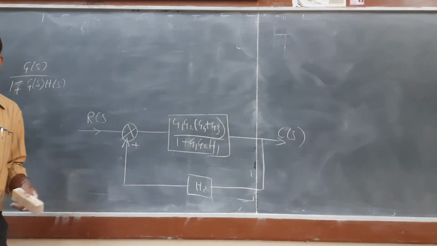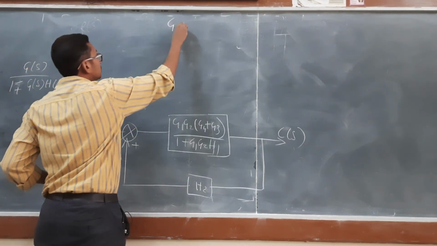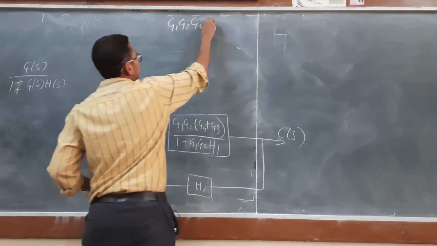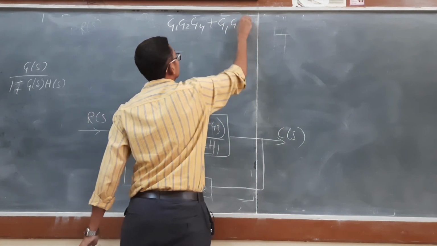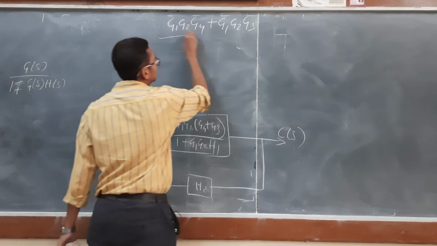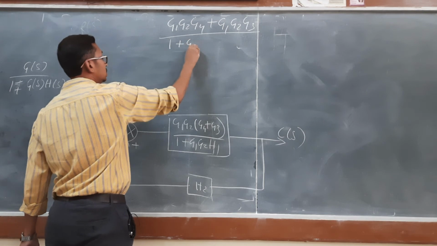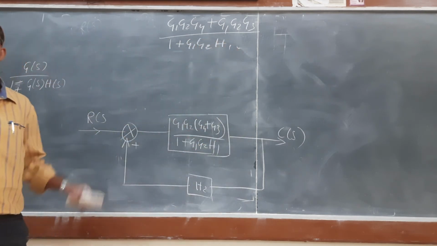This is the G of S term: G1 G2 G4 plus G1 G2 G3, divided by 1 plus G1 G2 H1.